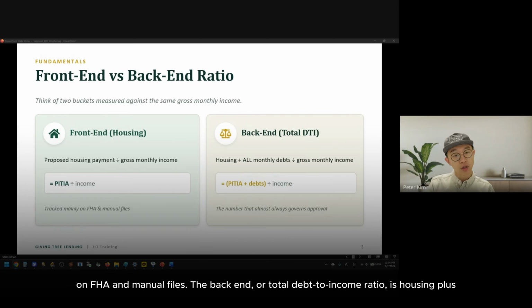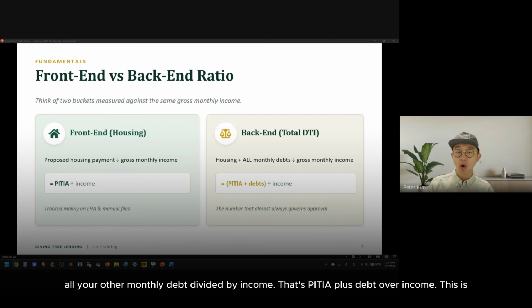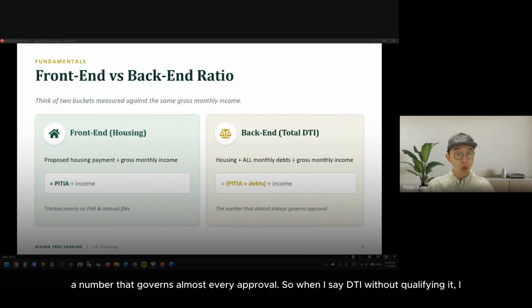The back end, or total debt-to-income ratio, is housing plus all your other monthly debt divided by income. That's PITIA plus debt over income. This is the number that governs almost every approval. So when I say DTI without qualifying it, I mean the back end.